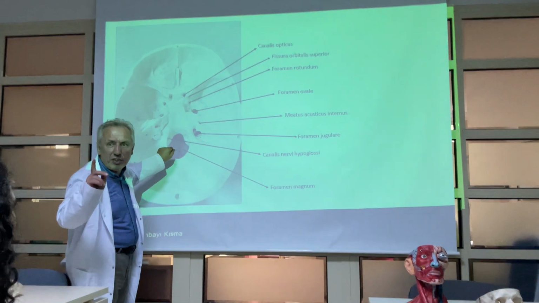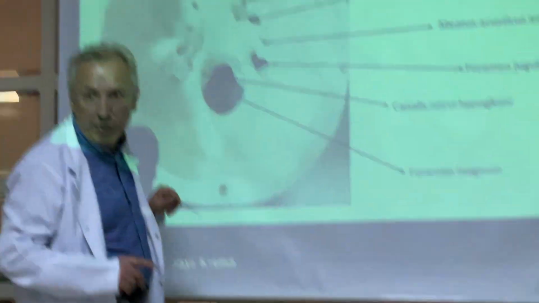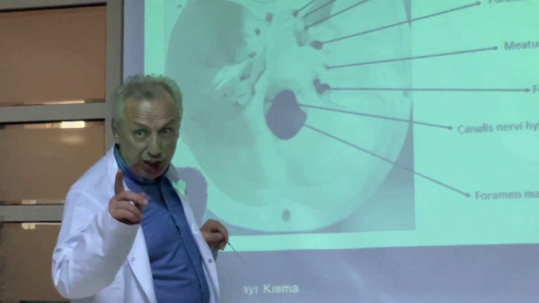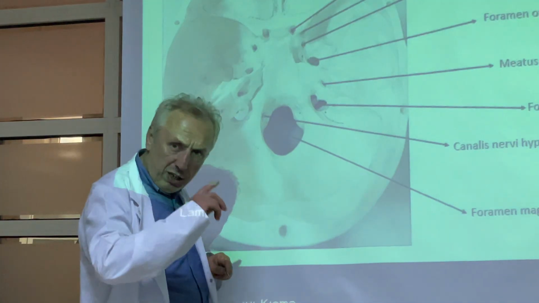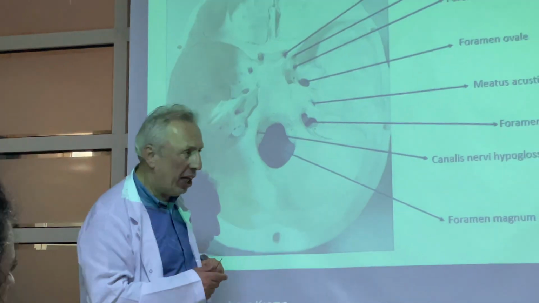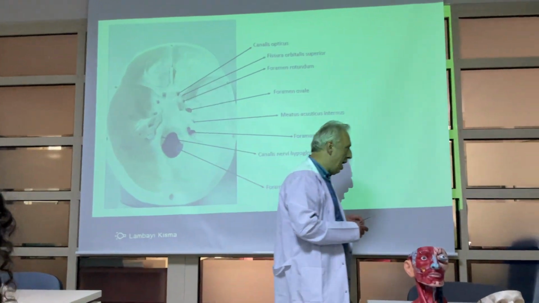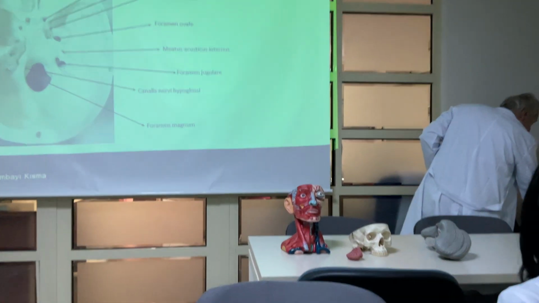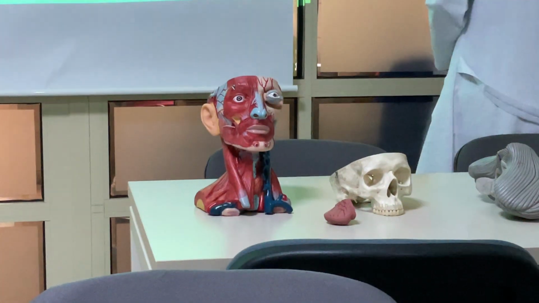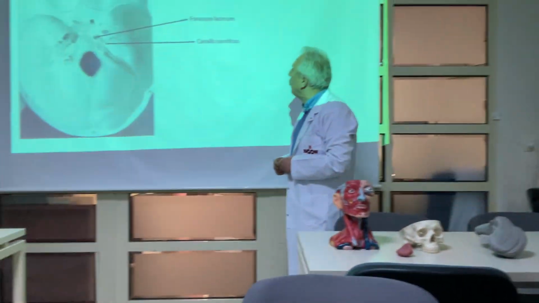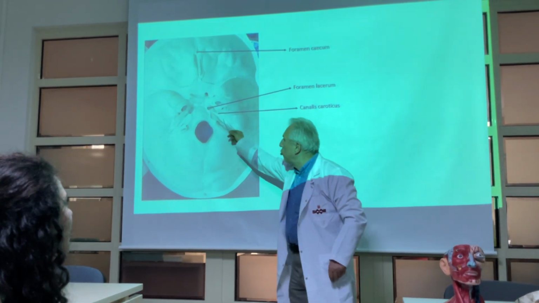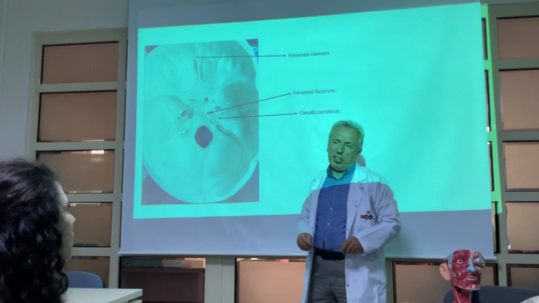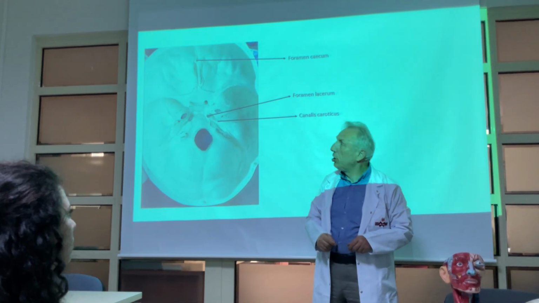Very good. The spinal part of the accessory nerve. It's not spinal accessory, it is the accessory nerve. The accessory nerve has a spinal part and a cranial part. Very good. And let's move on. And foramen spinosum, foramen lacerum, and canalis caroticus, through which the internal carotid artery enters the cranial cavity.